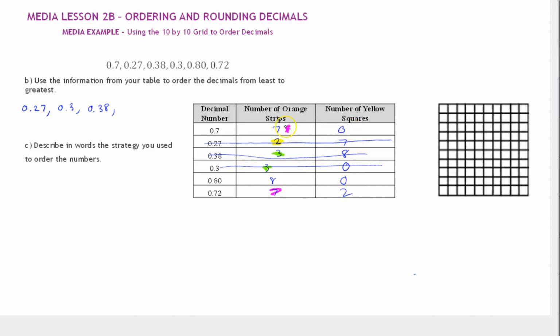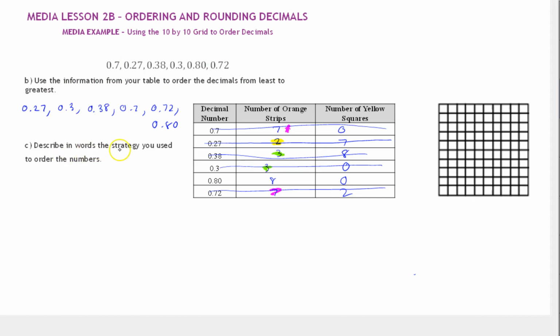So comparing the hundredths, this 0.7 is smaller. I'll just write 0.7 and 0.72. Now we've used those. And finally, we have 0.80 is our largest number. So this is this set of numbers listed from least to greatest.